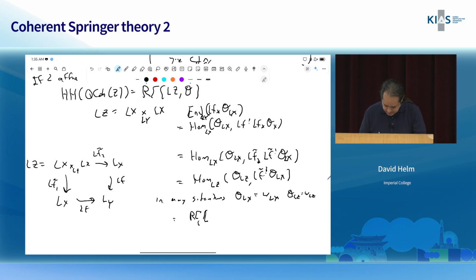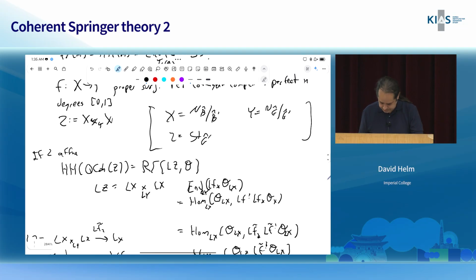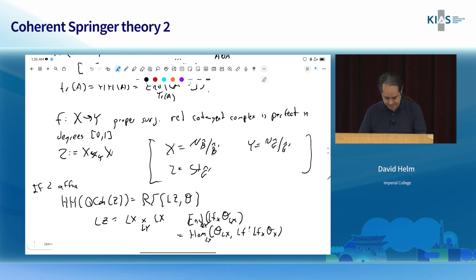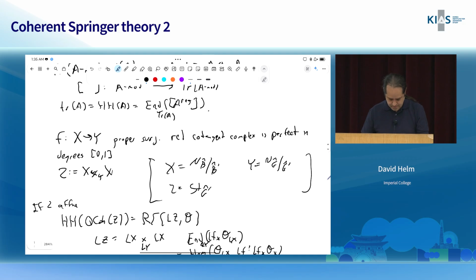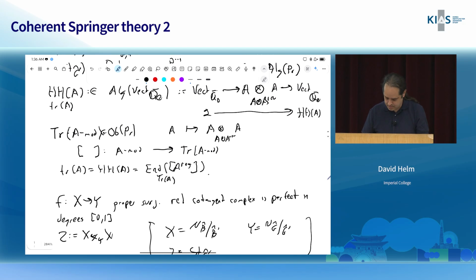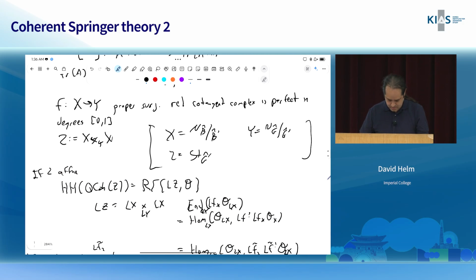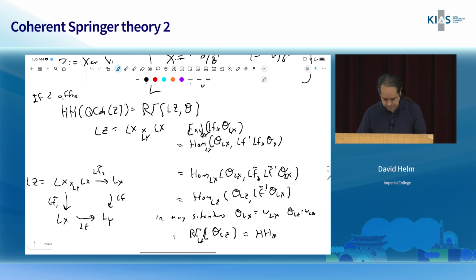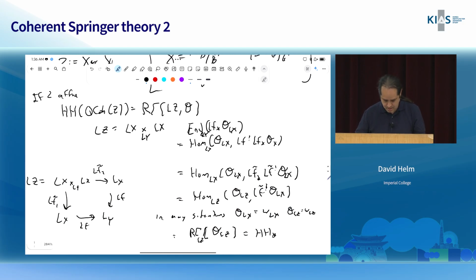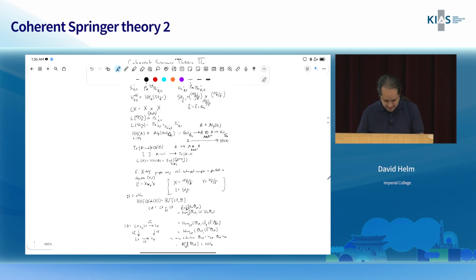And so in many situations, this just becomes R Gamma of LZ, O_LZ, and is therefore the Hochschild homology. Sorry, where did I write that?